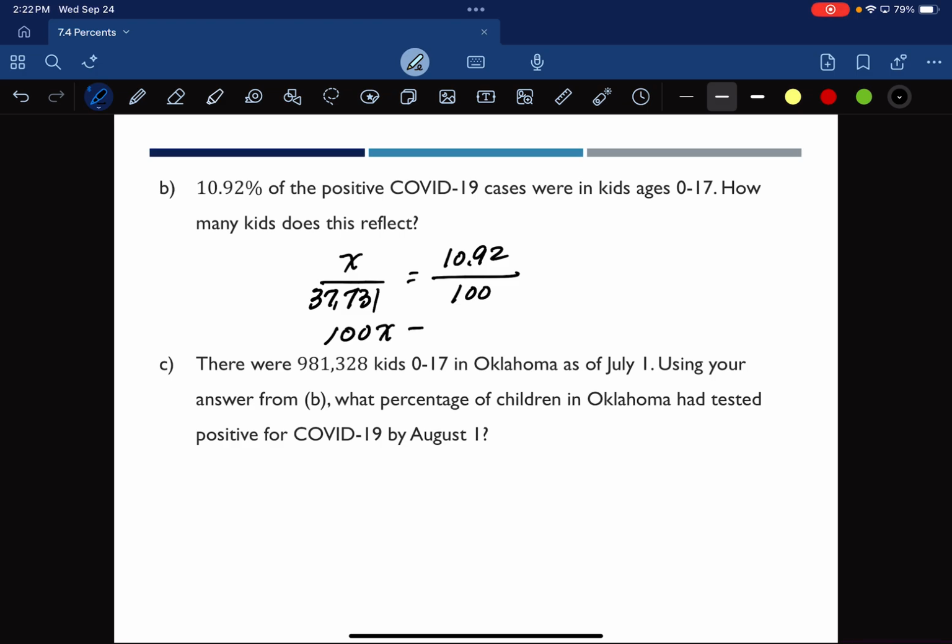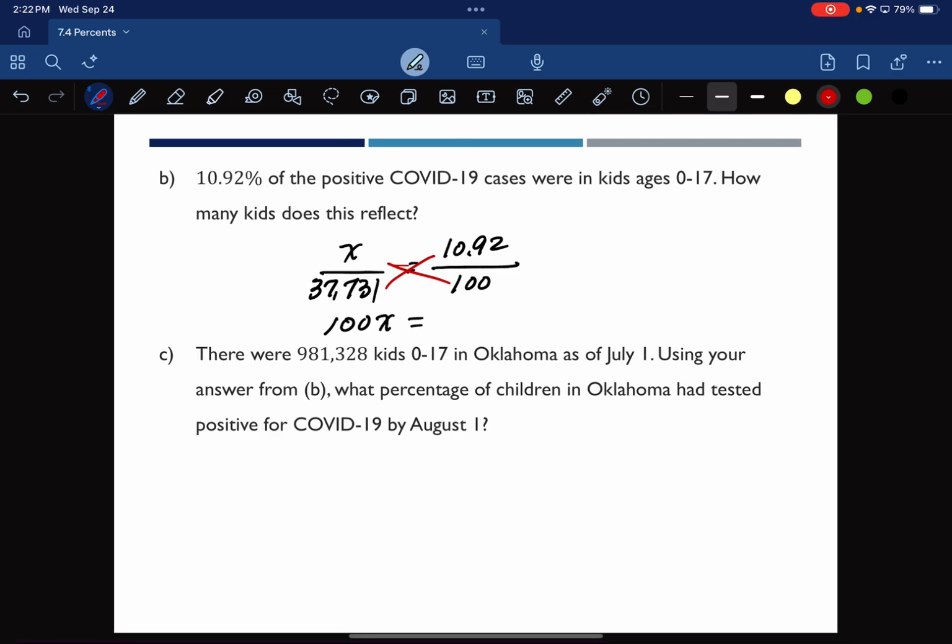I have 100x. So that we don't have to wait too long, I'll give you the number next. It's actually 412,022.52. So 412,022 and then 0.52. And of course, we're going to divide this by 100.